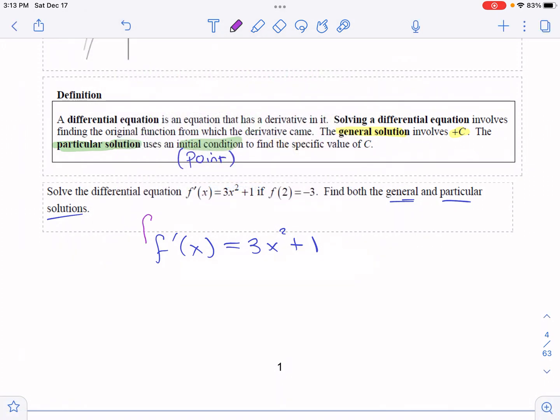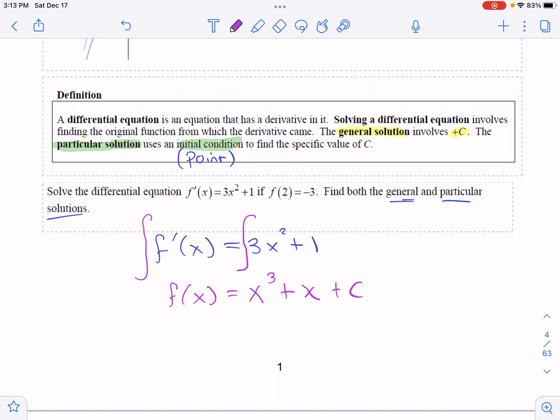We use the integral symbol to indicate we're going to take the antiderivative of both sides of this. And so the antiderivative of f prime is f. And the antiderivative of 3x squared is x cubed. The antiderivative of 1 is x.